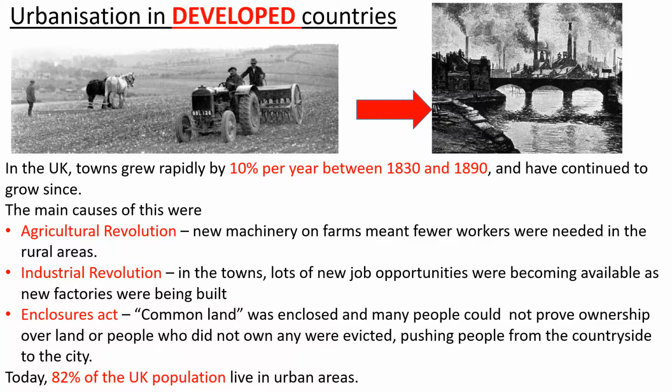Third is the Enclosures Act. Now, common land, which everyone was using at the time to farm and personally use, changed after this Act got passed. People were evicted from the countryside if they couldn't prove they owned the land, which a lot of people couldn't.